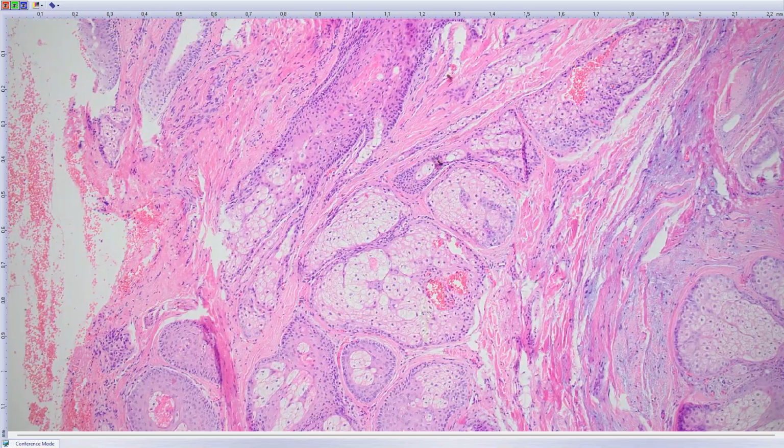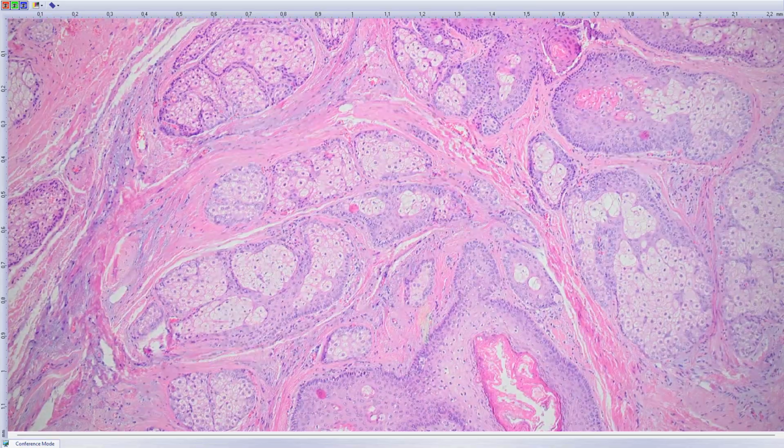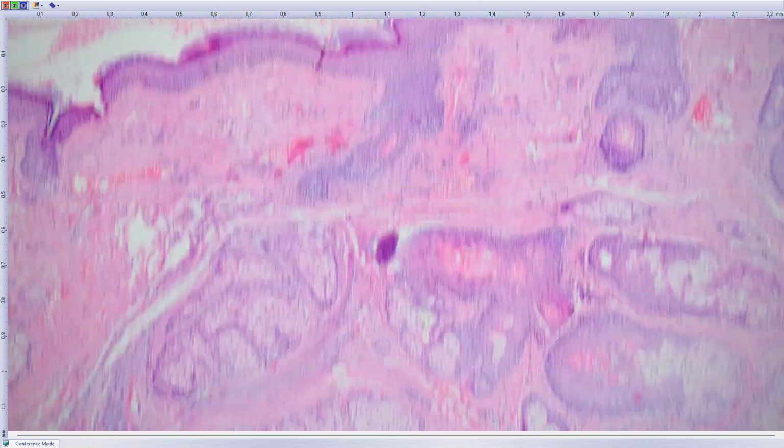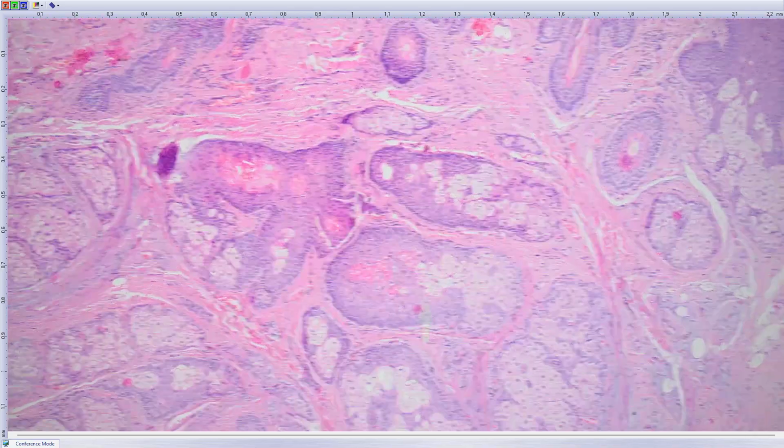Yeah. You see wild sebaceous proliferation. It's nasal skin.